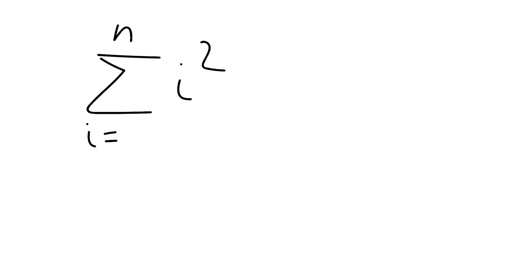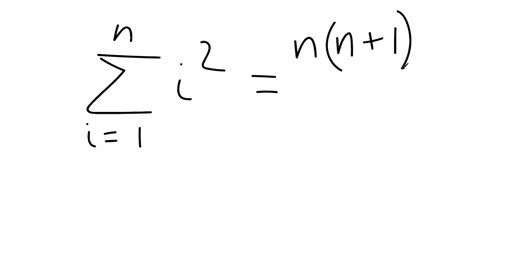Let's take a look at what this looks like for i squared. So from i equals 1 to n, we sum i squared. So what does that look like? Well, we can't really see a pattern like we just did for the other one, but it looks like this: n times n plus 1 times 2n plus 1 all over 6.